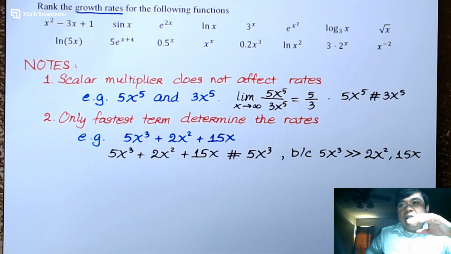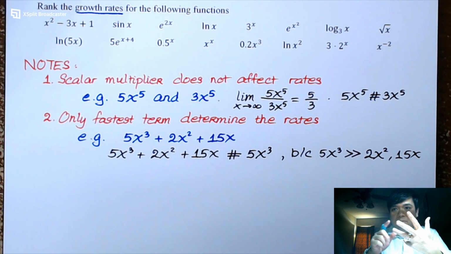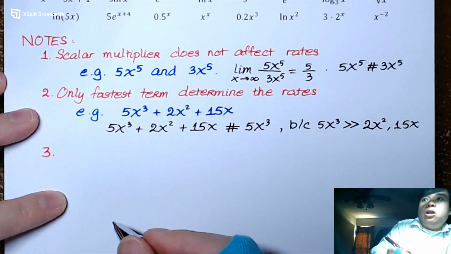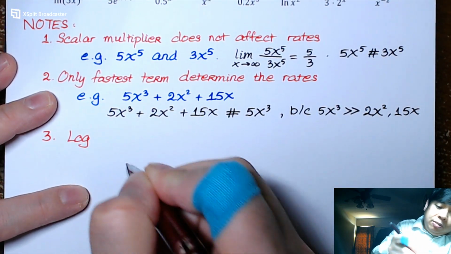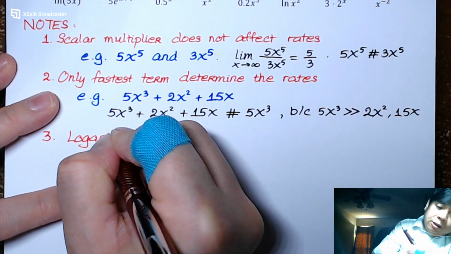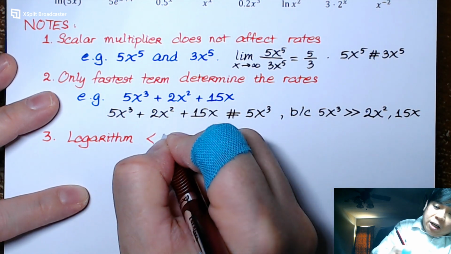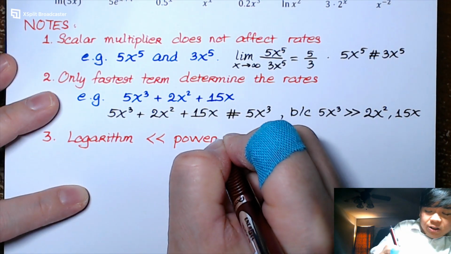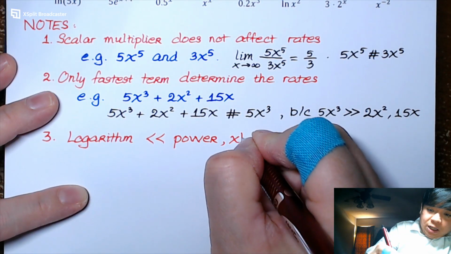But the most important thing is how we rank them, and the ranking is as follows: the log, the power, the exponential, and then the x to the x function. So here is the actual ranking. We start from logarithms, which will be slower than the power or polynomial, which is x to the p.